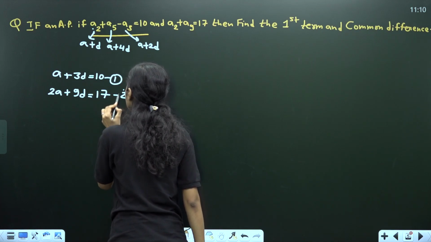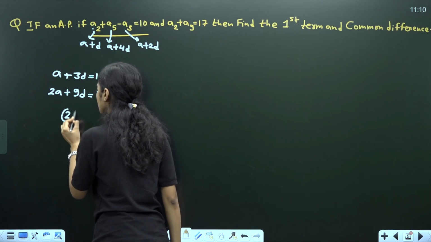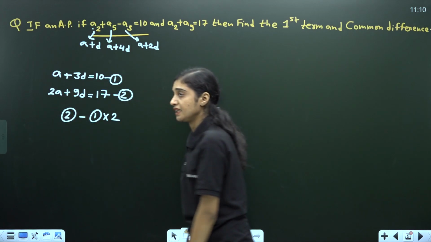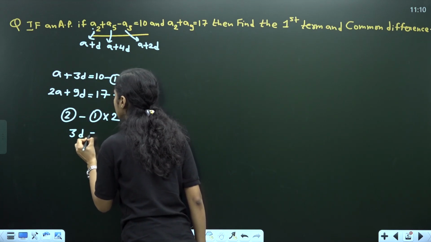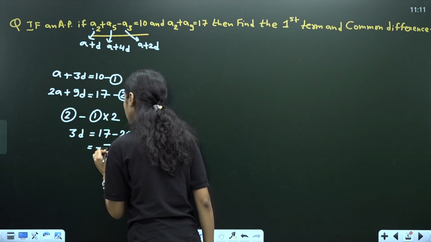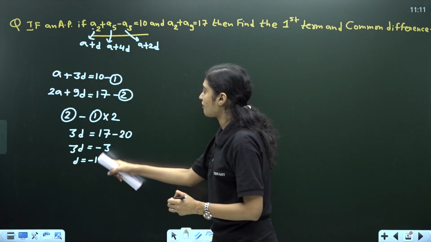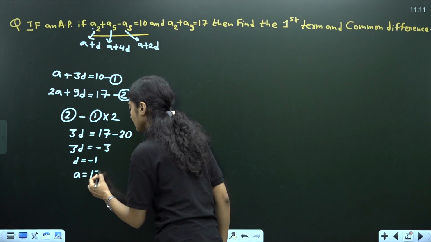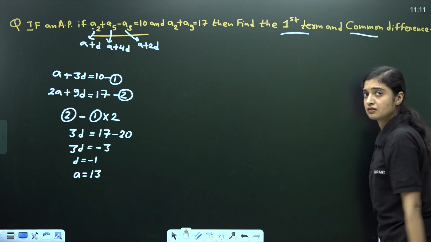We call these the first and second equations. If we subtract the first equation from the second, with the first equation multiplied by 2, then the coefficient of A is cancelled out, and this gives 3D equals 17 minus 20, which becomes minus 3, so D equals minus 1. If we put D equals minus 1, then we get A equals 13. In this question, we wanted to find the first term and the common difference.